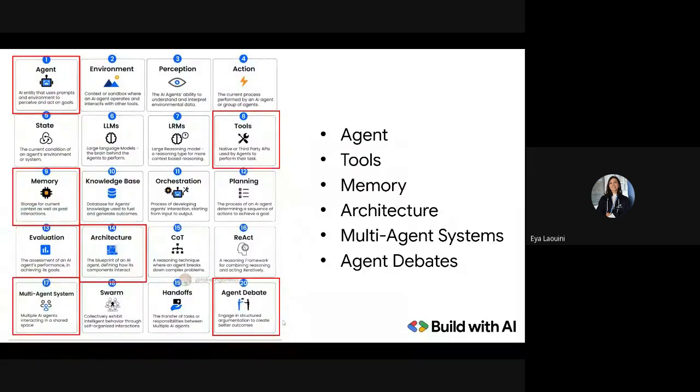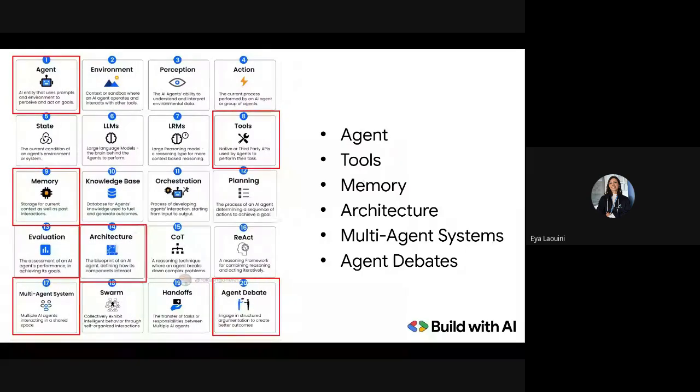And we have agent debate. This is an engagement and structured argumentation to create better outcomes. Sometimes in specific systems, we want to make sure that we will always have better outcomes. So we define specific agents to do basically the same tasks, but here the agents will be in debate.